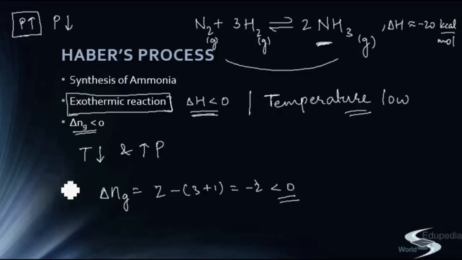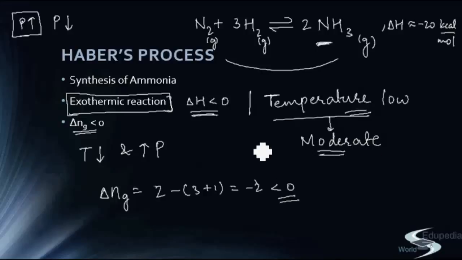That is why we don't want to keep the temperature very low, but we don't want to keep it high either. So neither low nor high. Instead of keeping the temperature very low, we keep it at moderate values. For usually all chemical reactions where low temperature is preferred, instead of keeping the temperature very low, usually, not always, we keep it at moderate values.